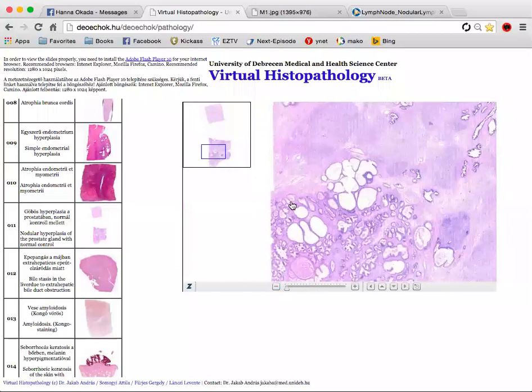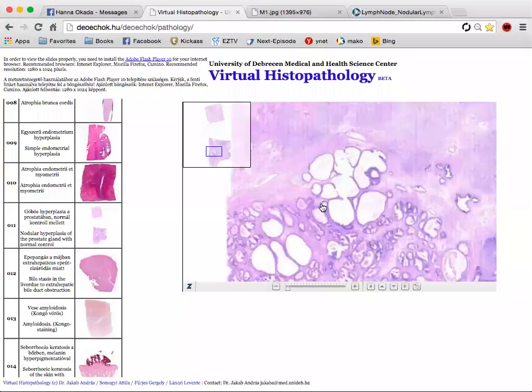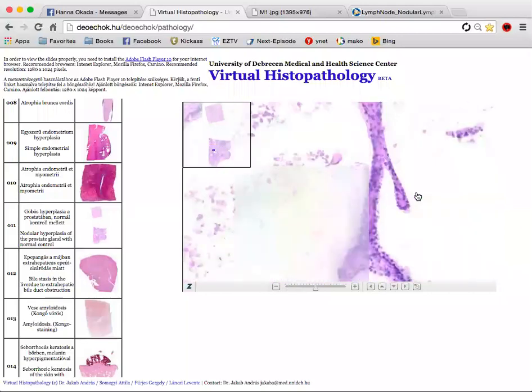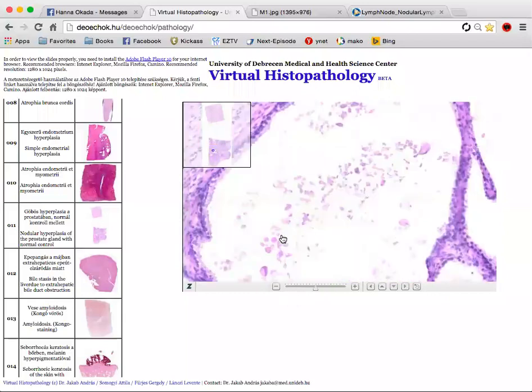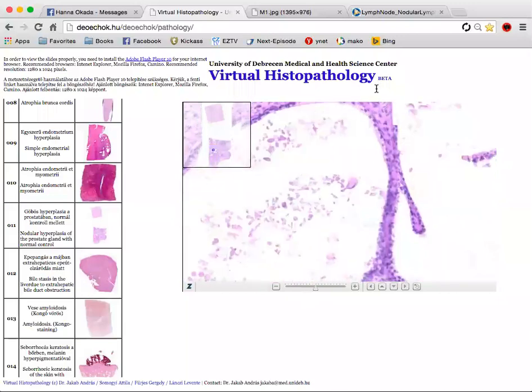Next up, this is the hyperplastic part, and you have these nodules. You have an adenomatous nodule, which is the gland epithelium that's hyperplastic, and then you have the stromal nodules, which is the stroma around it that's hyperplastic. I'm zooming in here, and you can see that this gland is huge compared to the normal ones.